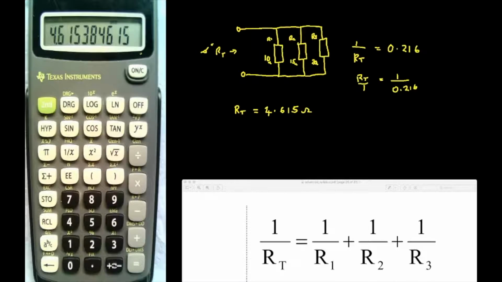So once we've added up those reciprocals, we have 1 over RT equals a certain value. And we have to take the reciprocal of the answer of 1 over R1 plus 1 over R2 to give us RT. And I've shown that here on the screen.